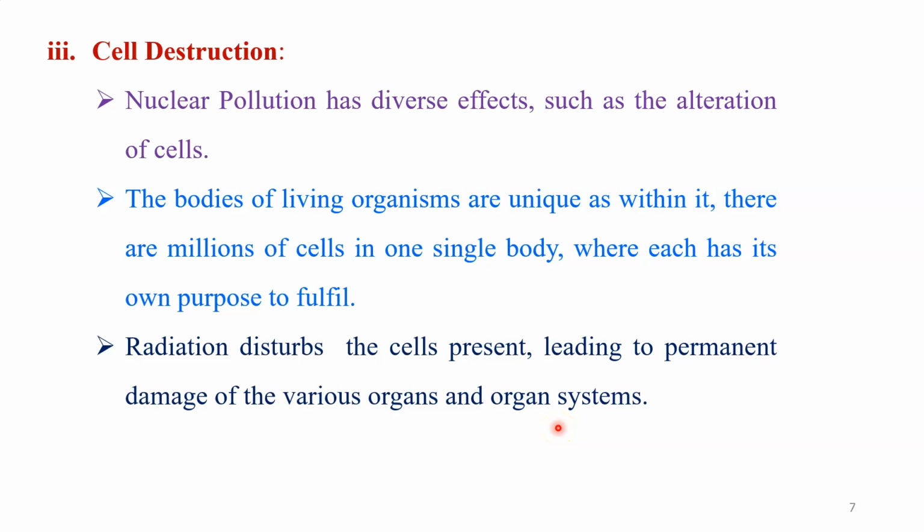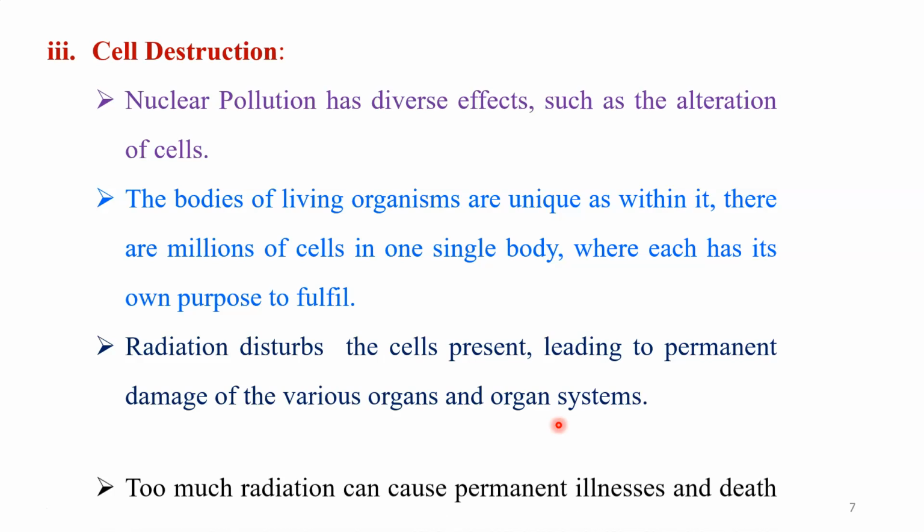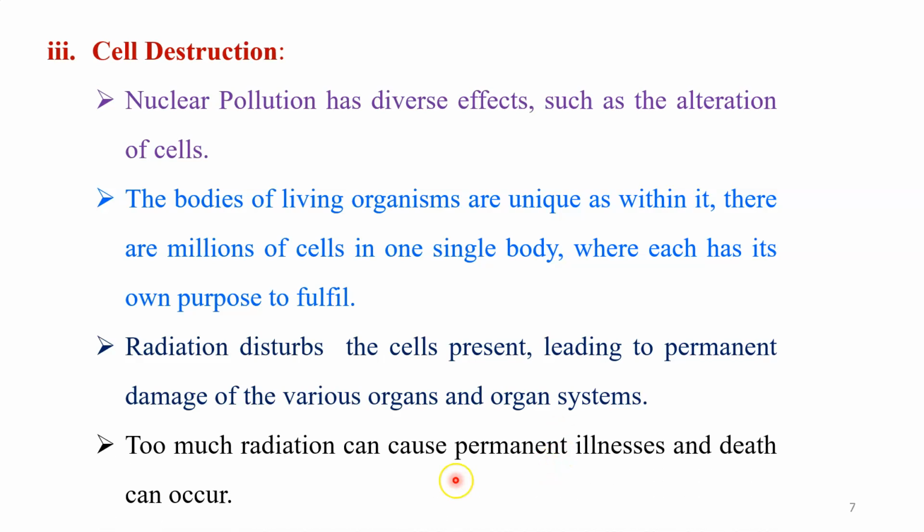If heart cells are damaged or altered, it can lead to heart failure or in some cases a heart attack also. If the heart stops or gets damaged, the whole circulatory system is disturbed. So these are very important side effects that you observe due to nuclear pollution. Too much radiation can cause permanent illness and death can occur.